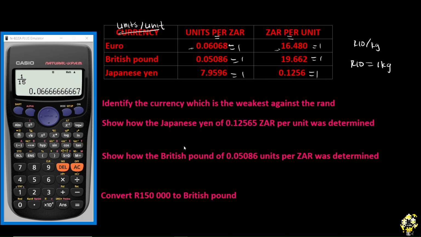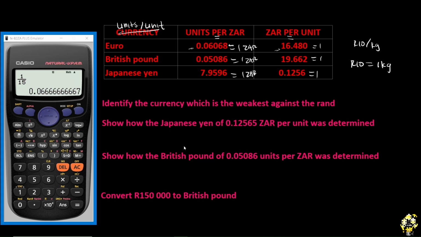But now we want to know equal to 1 what? Well, they told us per ZAR, the same way they told us per kg. So it is equal to per 1 South African rand. This one is no longer per ZAR, so it's per unit. What unit is this?